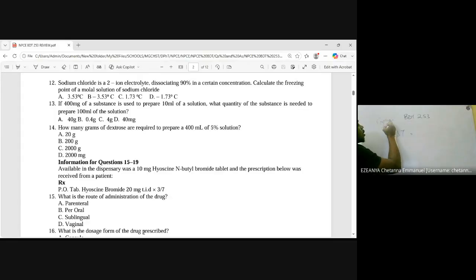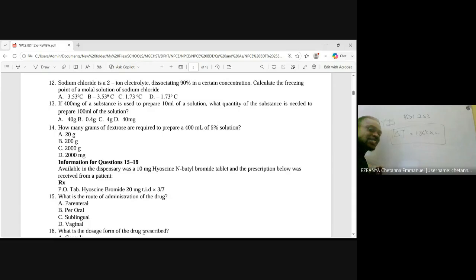The cryoscopic constant is 1.86. Now, for all these solutions, the freezing point depression formula is the cryoscopic constant, 1.86 degrees Celsius, times the I factor of that particular solute. So freezing point depression equals the cryoscopic constant times the I factor.